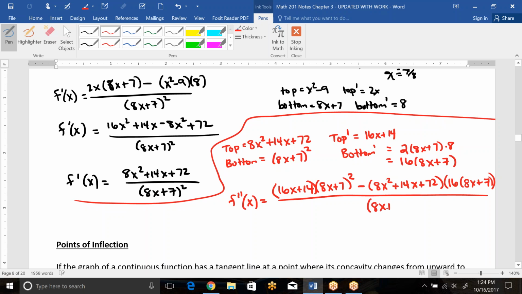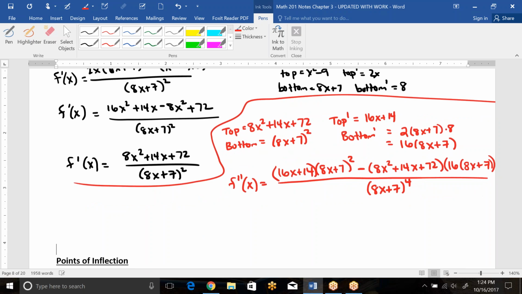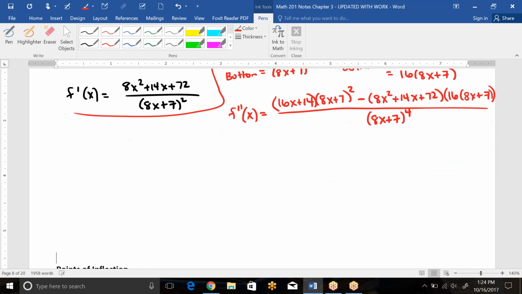Now the bottom was already squared, so it's going to end up being to the 4th power. Now I'm going to increase some space to write the rest of this out. So the big thing we need to worry about is how this is going to clean up. I do believe that this 8x squared plus 14x plus 72 is factorable, and that might help us, but it might not.